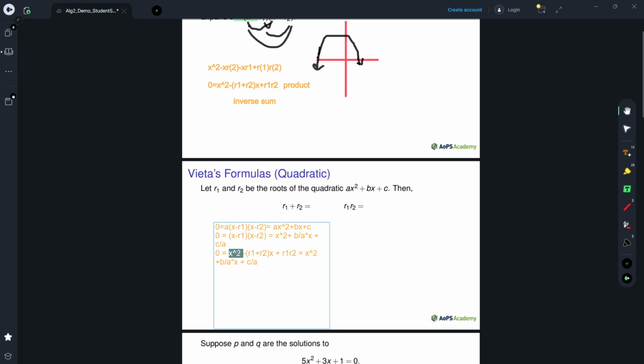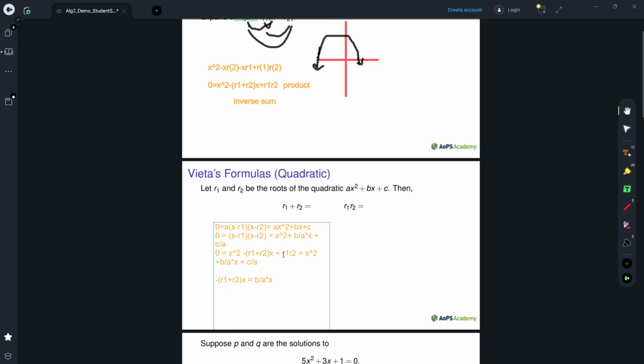This one's x squared, so we can ignore both of those because they don't have a product or a sum. This next term is negative r1 plus r2 times x equals b over a times x, since we subtracted x squared from both sides.